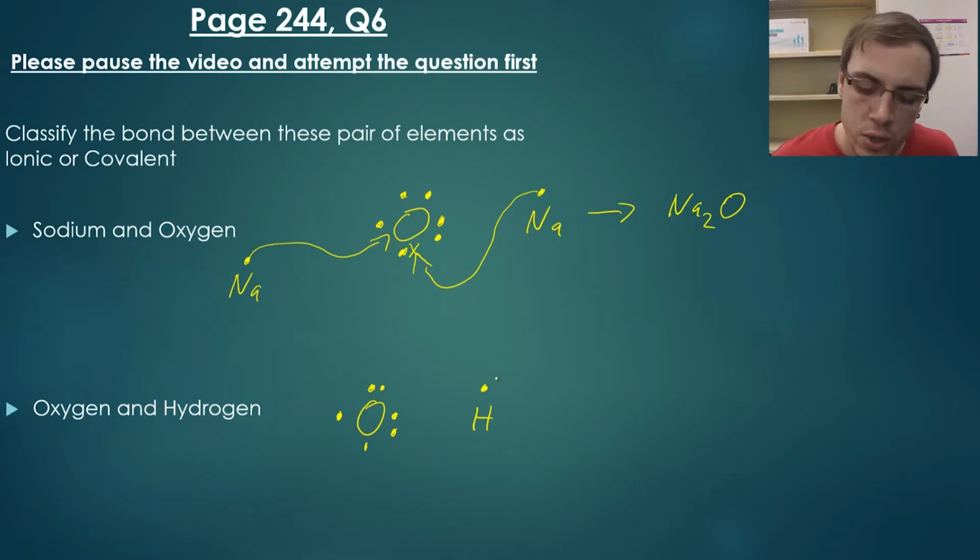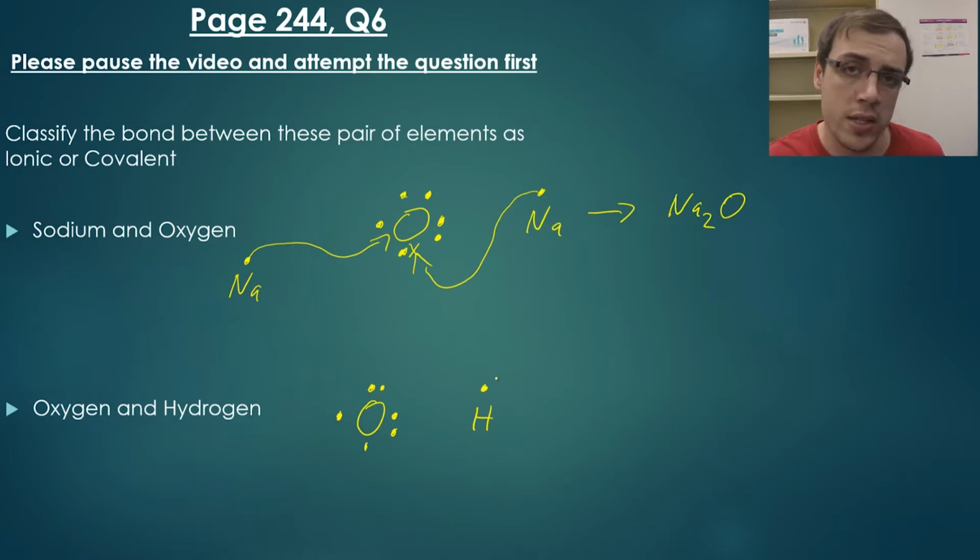Hydrogen has 1 electron in its outermost shell, but hydrogen is one of 3 elements that are an exception to the octet rule. For this introductory chemistry course, you only need to know that hydrogen is the main exception, where it only needs 2 electrons in its outermost shell.